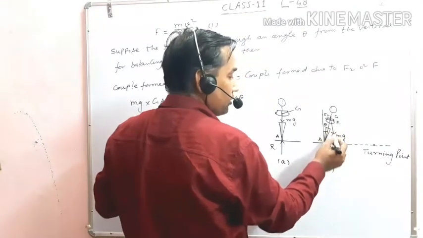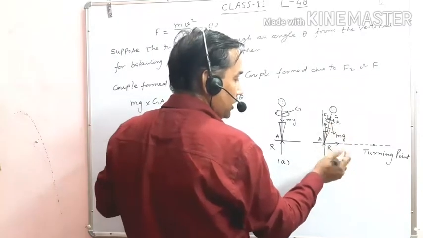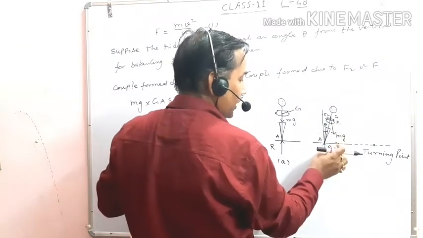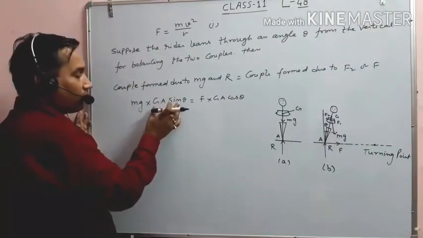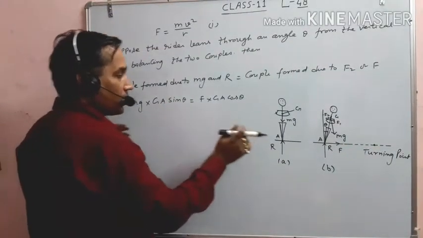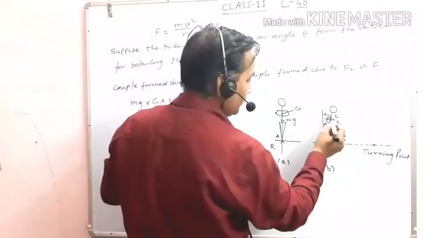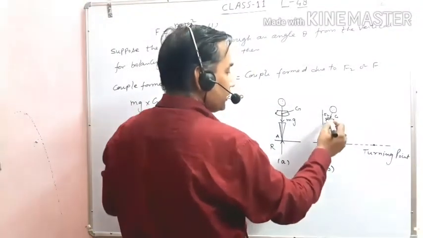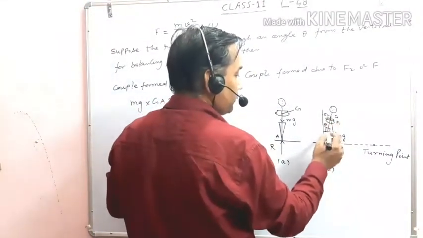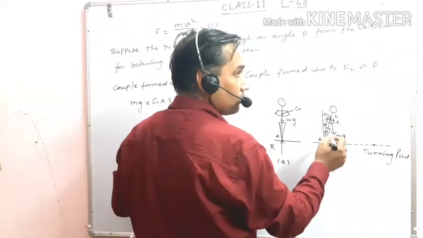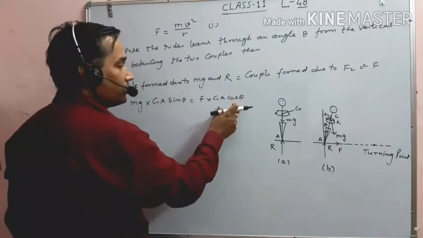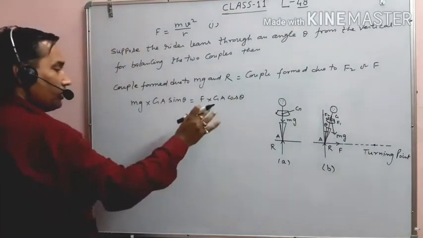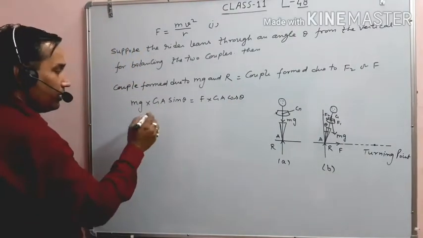So sin theta is equal to perpendicular upon hypotenuse. So by this rule you can find the perpendicular length. So this length will be equal to GA sin theta. Same as when you drop the length on the vertical line, then this one triangle is generated, and taking cos theta equal to base upon hypotenuse, you can find the value of the length is GA cos theta. Okay, this is very primary level trigonometry, beta.